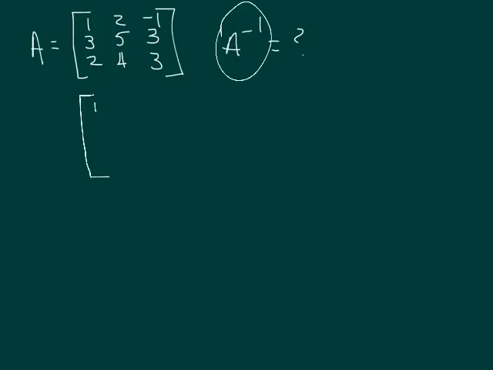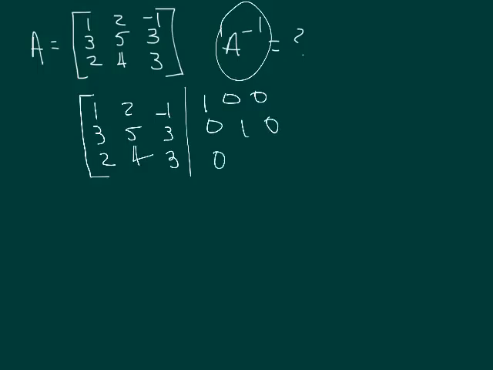So we've got a 3 by 3, augmented with 1, 0, 0, 0, 1, 0, 0, 0, 1. Again, we're going to do Gauss-Jordan elimination to get all of this moved over here, and then this here will be over here, and we don't know what numbers that will be over here.